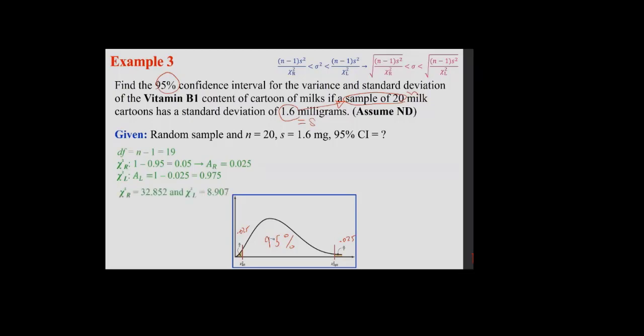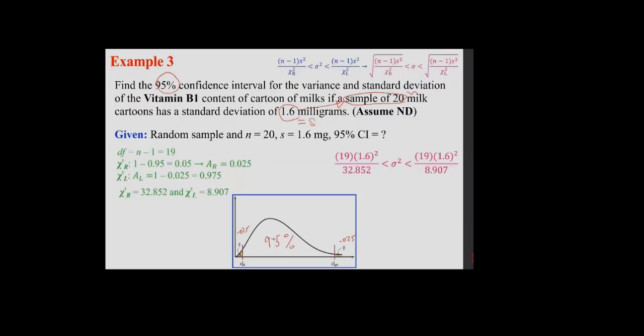Now all we have to do, use the formula at top for sigma squared and plug in the values we just got. So we do that. N minus 1, 19, s squared, 1.6 squared, over chi-squared of the right is 32.852, and chi-squared of the left is 8.907. So that would be the right side.